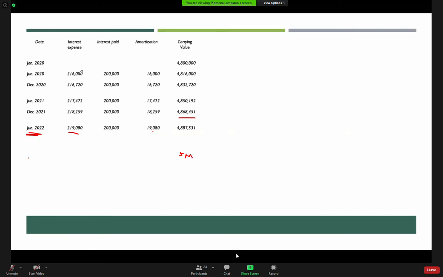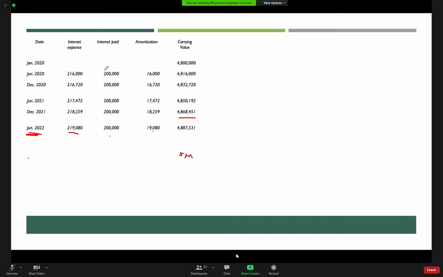How do we identify the interest expense? Interest expense is the previous carrying amount multiplied by the effective interest rate. Okay, so the composition of this one will be the interest paid and the amortization of the discount. The actual interest paid is computed by multiplying the nominal interest to the face value of the bond. So equal 200. Okay? So every interest payment date, nagbabayad ng company ng 200 na interest.